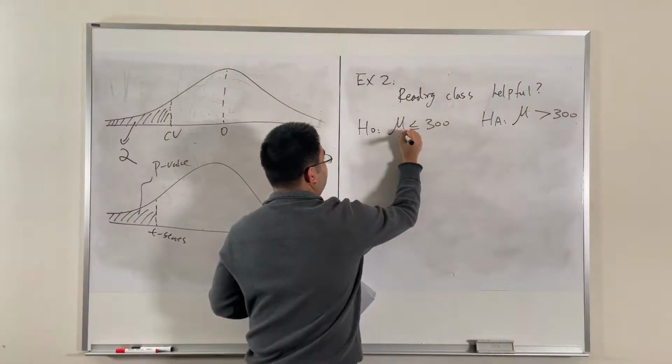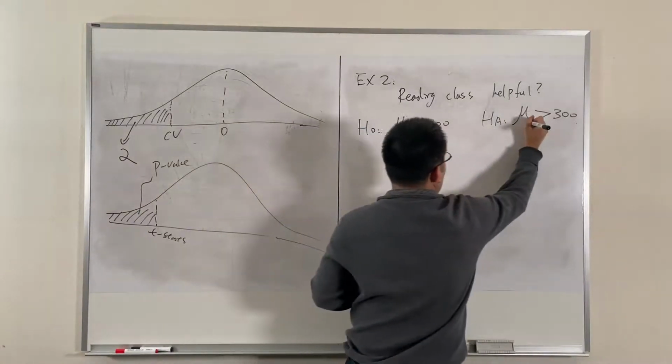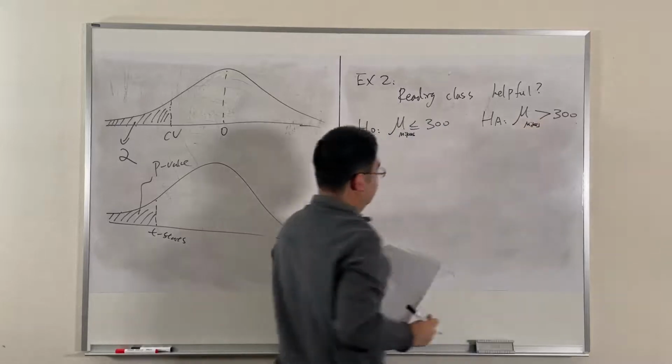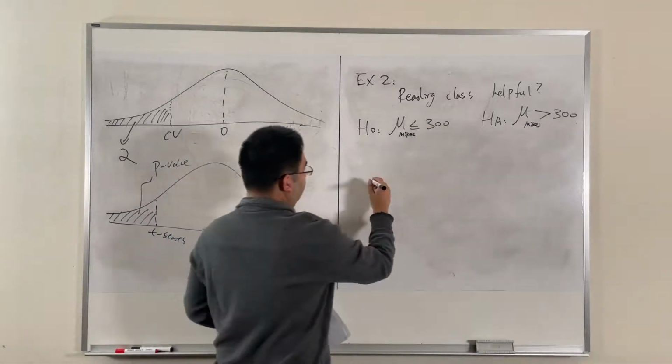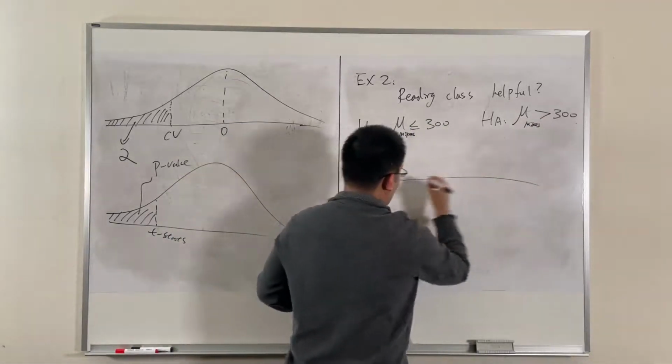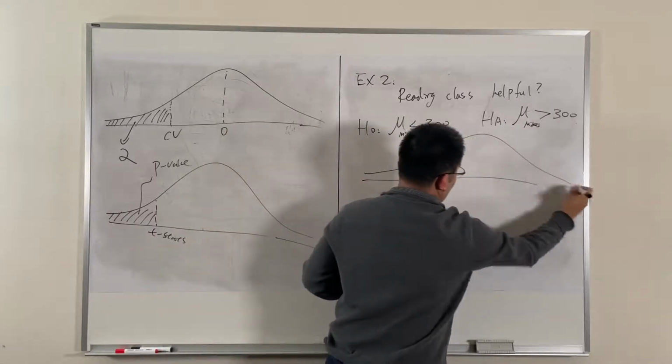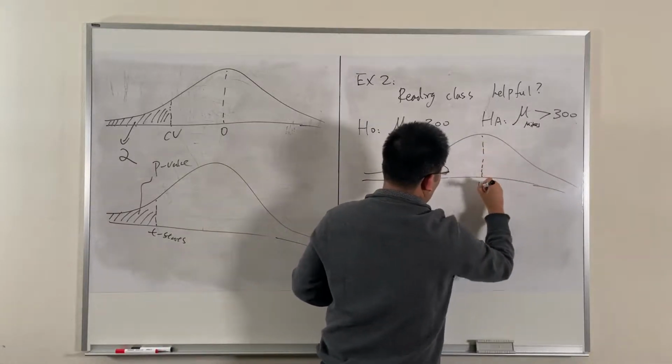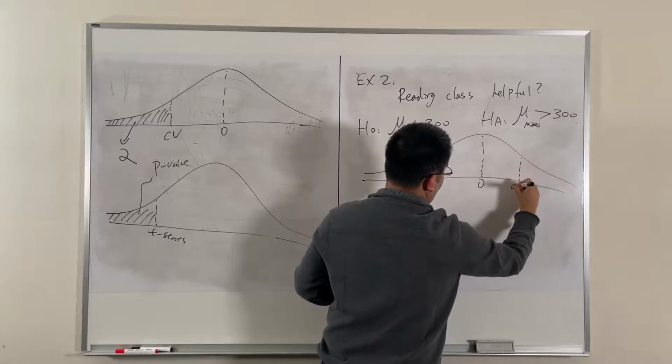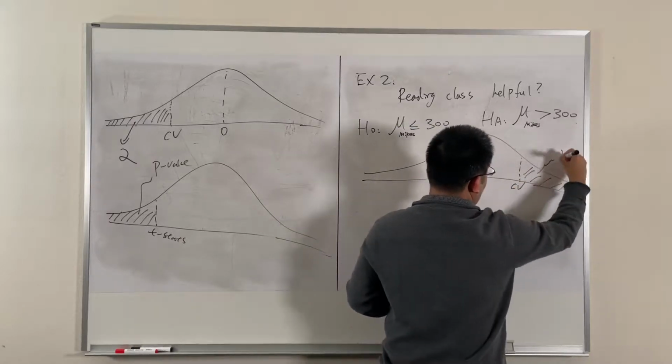Okay. So this time it's Mike's class. And then your alpha, or the rejection region, is on the right-hand side.